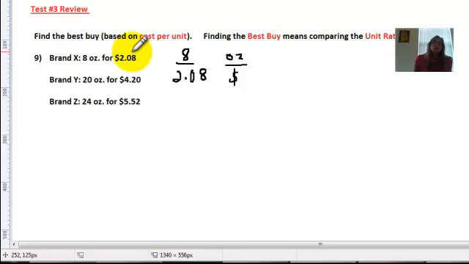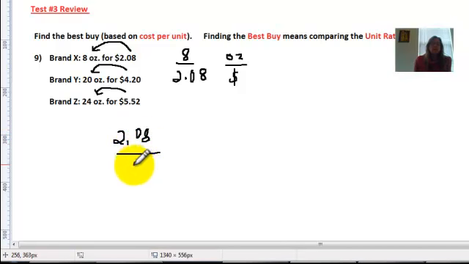The way to do it so that we're thinking in the same way that we talk, we have to put the fraction dollar over the ounce, so it's dollar per ounce. So then you'll have fractions of 2.08 over 8, and that's dollar per ounce.